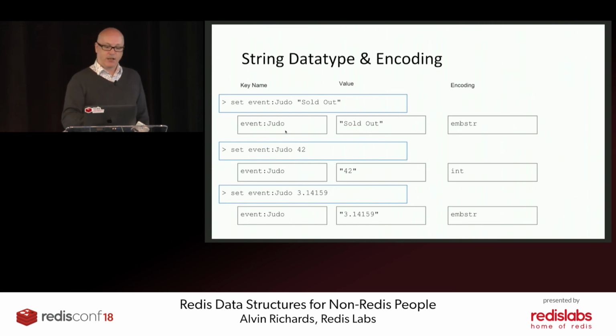Internally, Redis has said, oh, that looks like a string, so it's going to store the encoding as an embstr string. I later then set it to 42. Well, 42 looks like a string as well, but Redis has a look at that value and says, I think that's an integer. And so it stores the internal encoding as integer. So Redis is always looking at the value that you're putting into that key to figure out what it is, because that will then govern what you can do with it.